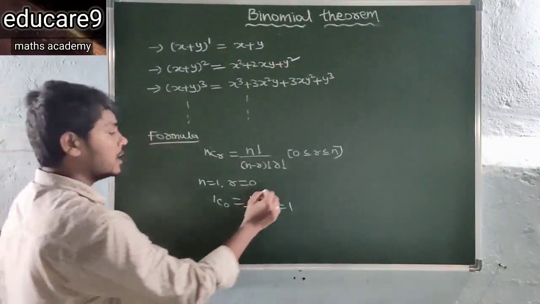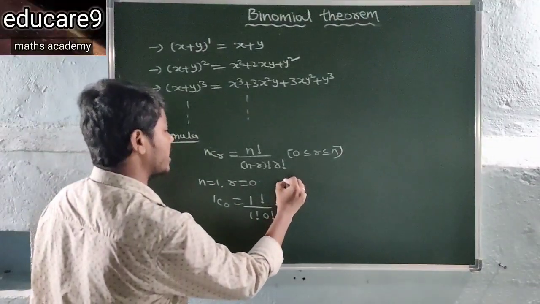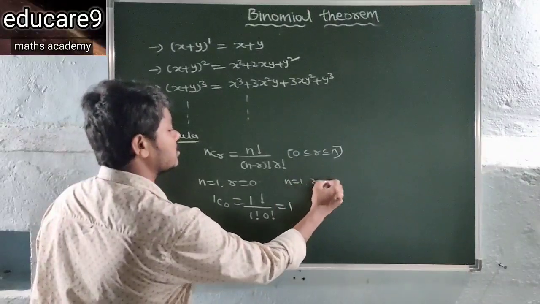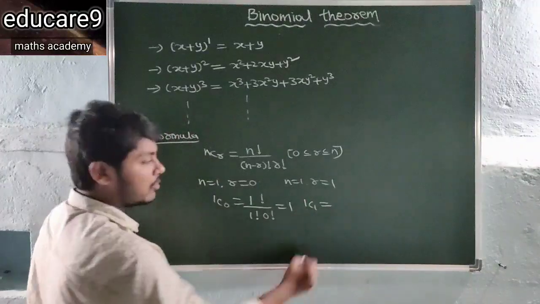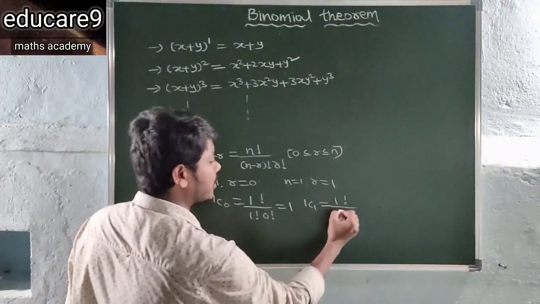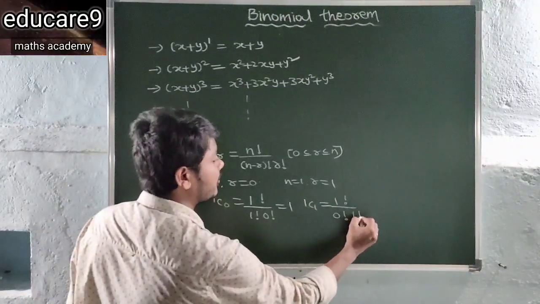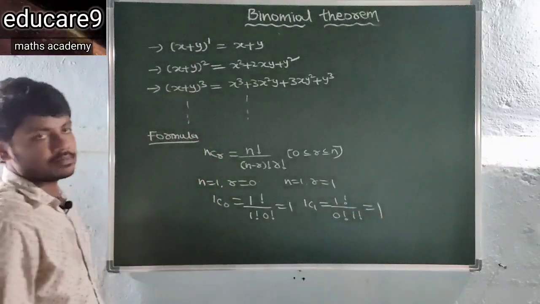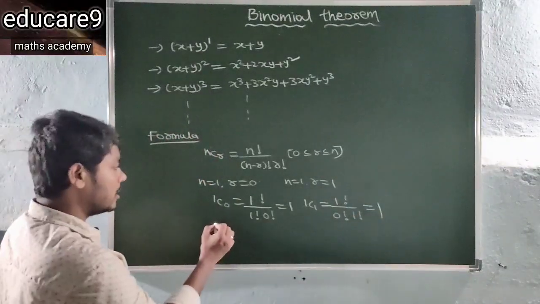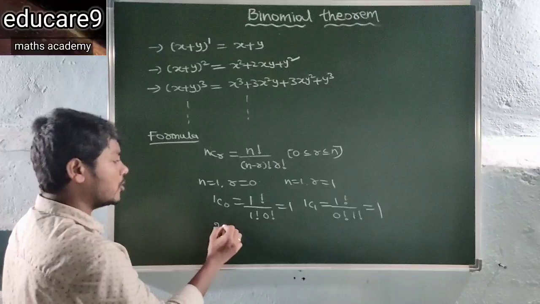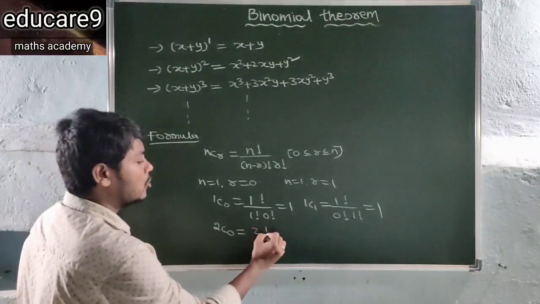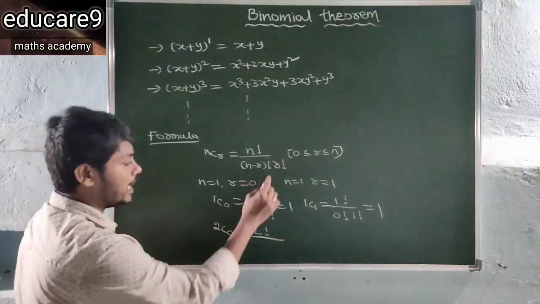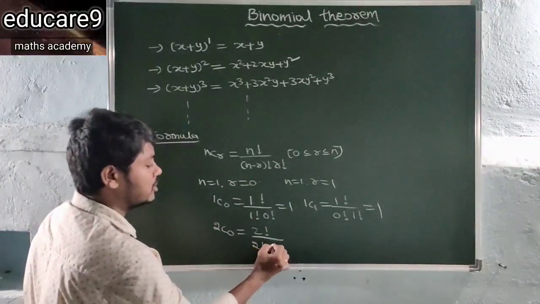If you put n is equals to 1, r is equals to 1, that is 1C1. So what is 1C1 value? 1 factorial by 1 minus 1, 0 factorial into 1 factorial. So again this value is 1. So similarly, if you put n is equals to 2 and r is equals to 0, 2C0 value, 2 factorial by 2 minus 0 factorial, that is 2 factorial into 0 factorial.